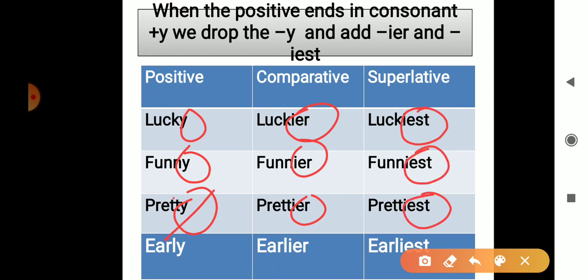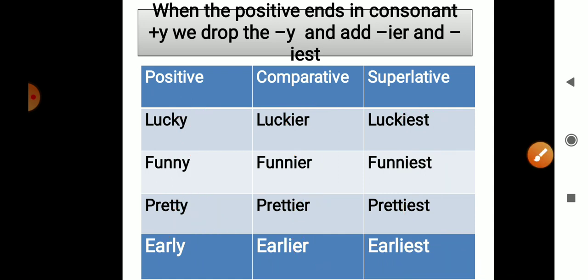We have to remove Y, and instead of Y we need to add IER and IEST. So here: lucky, luckier, luckiest; funny, funnier, funniest; pretty, prettier, prettiest; early, earlier, earliest.